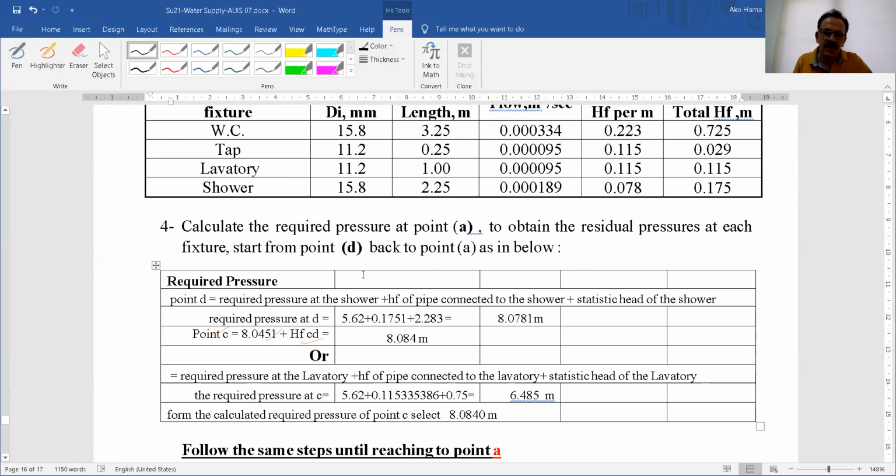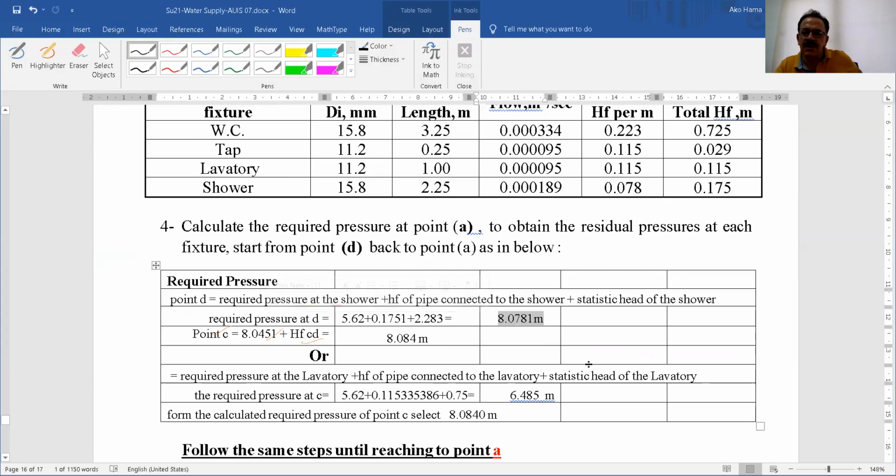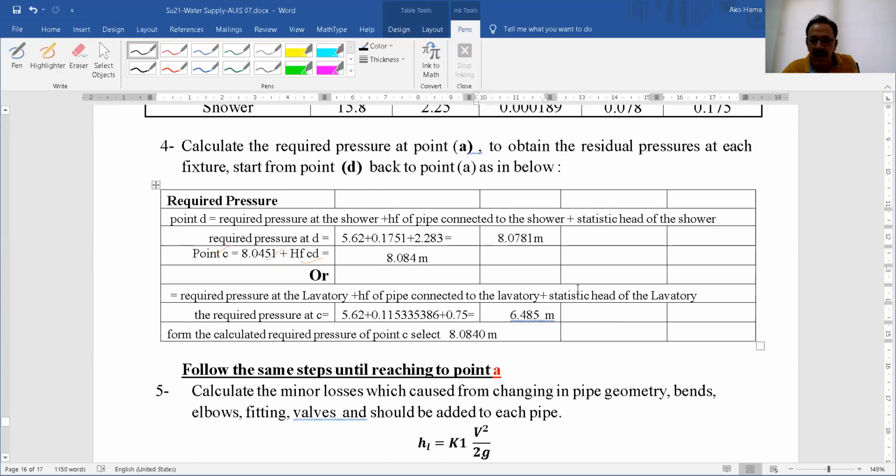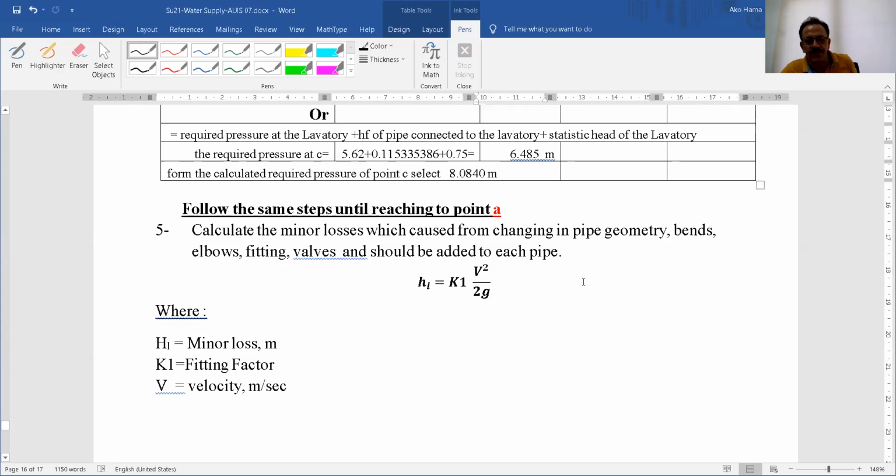For example, the total required pressure should be more than 8. This is for the first part, second part, and third part. So the total pressure should be more than 8. If you have the pressure at A for 8, then the system is safe. Otherwise, you can check that one.